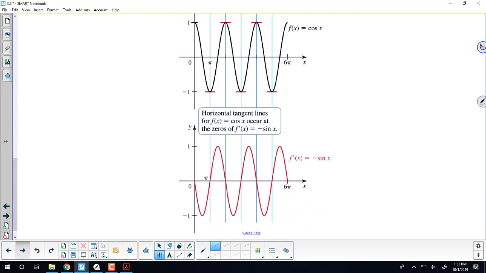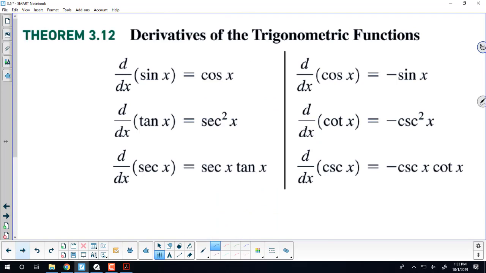And then we can go through that in a similar way to get the rest of these. So here's the derivative of all 6 of your trig functions. Again, this is just something you need to know, because even within this 3.5, they say here's the derivative of the 6 trig functions. Now, what happens if we look at how to take the derivative of sine times cosine, or 1 plus tangent over secant?